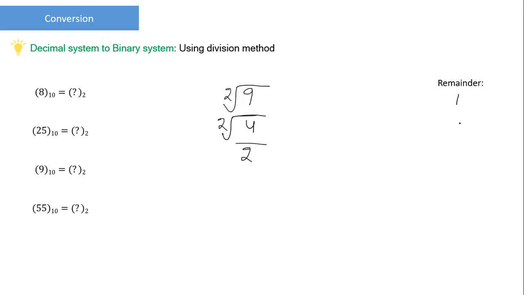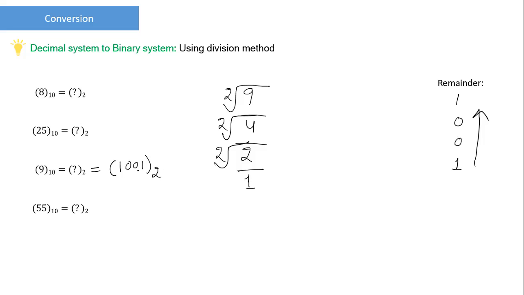Since 4 is an even number, remainder would be 0. 2 divided by 2, we will get quotient as 1. Since 2 is an even number, the remainder would be 0, and this 1 would come here in the end. Our answer would be 1, 0, 0, 1. So 9 is equal to 1, 0, 0, 1 to the base 2.